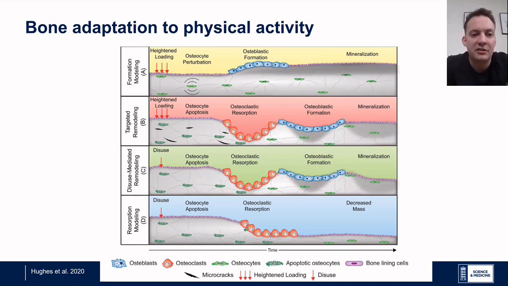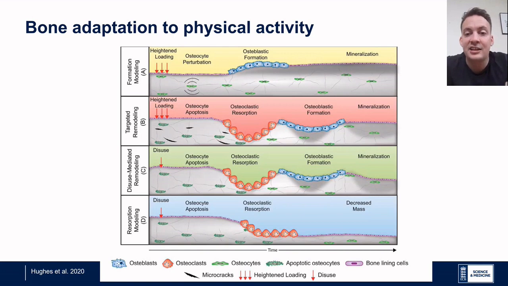In a similar scenario, we have heightened loading, and in this targeted remodeling case, what happens is that the loading is so great that our osteocytes actually die. So there are microcracks in the bone, and these go through the osteocytes themselves. At death, these osteocytes will release a signal that there is damaged bone in this area, and this damaged bone is resorbed by osteoclasts, causing temporary resorption of bone.